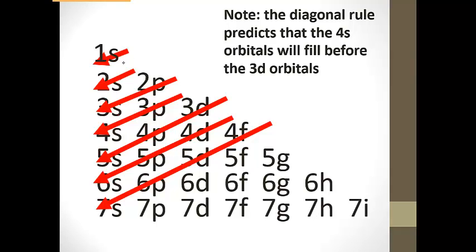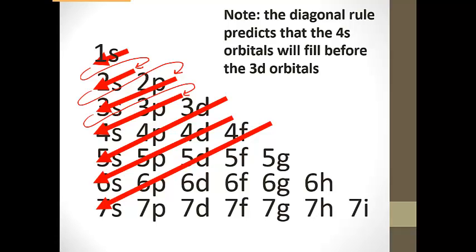So 1s is the lowest energy, and when you're done with the 1s orbital, you move on to the 2s orbital. Then when you're done with the 2s orbital, you come back up here and start with 2p. If we needed to, we would then continue to the 3s orbital, and so on, until we have all of the electrons arranged that that particular atom has.